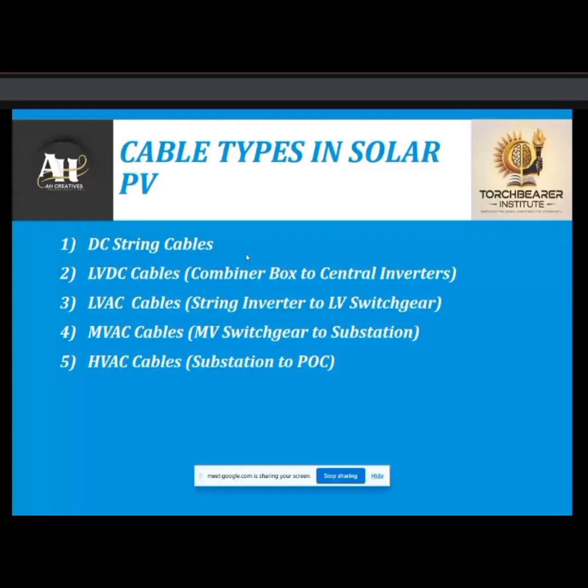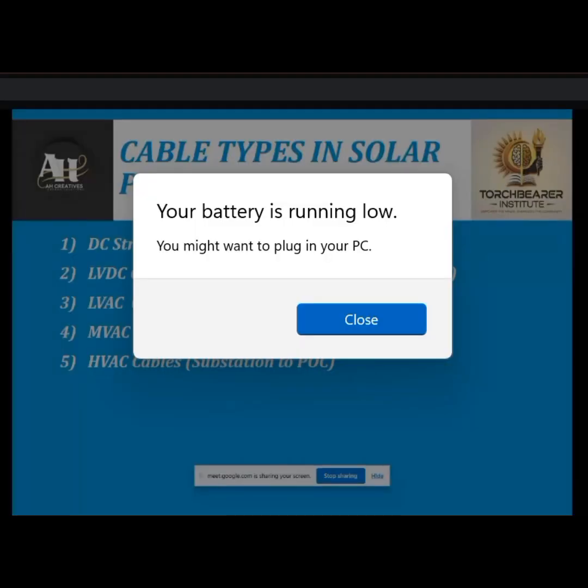Central inverter basically has a low number of MPPT trackers, so we have a limitation on the number of strings connected to the central inverter. And the central inverter power is on the higher side, in the megawatt scale, like 1 megawatt, 1.1 megawatt and 1.3 megawatt. So we have to connect the DC strings and panels in huge numbers. That's why we can't connect more than 5 or 6 strings directly.